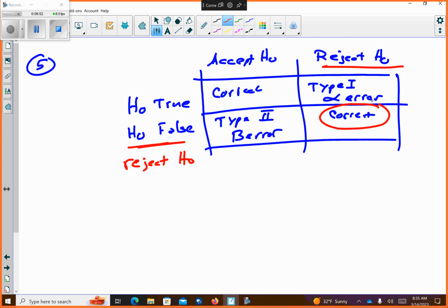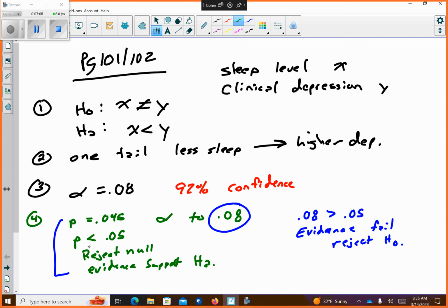The consequence of making this type of error, I think they were trying to lead us to a type 1 error. I don't think we have a type 1 error. Our p-value will reject the null, evidence to fail to reject the null. So is the null true, and we say false?